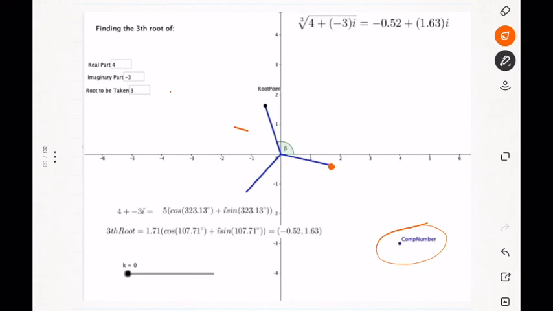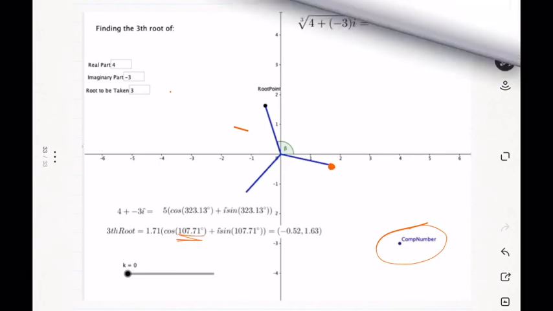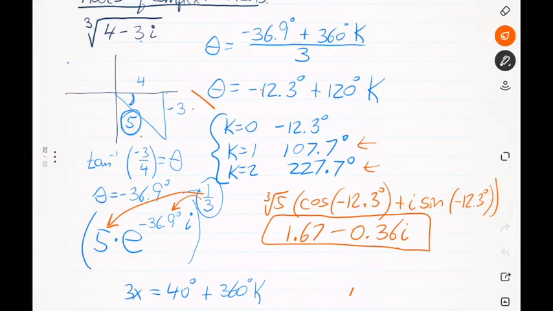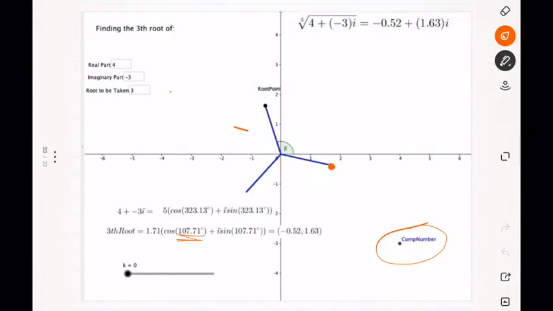If we look for the other two, for instance, this one is talking about the angle 107.7, which is when k is equal to 1 for our case. That turned out to be this answer up here. So that would be k equals 1, this was k equals 0, and over here is k equals 2. This is the angle 227 degrees down there in the third quadrant.